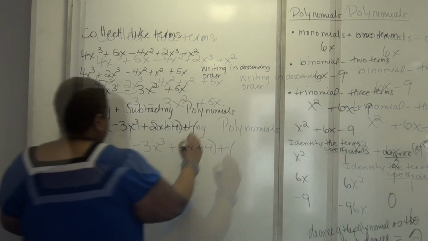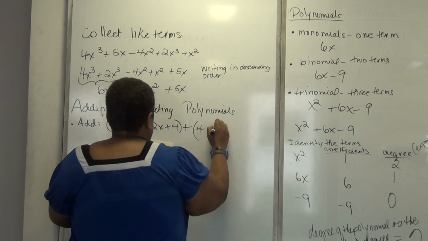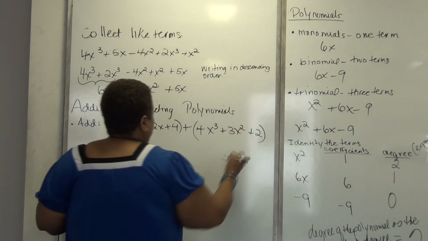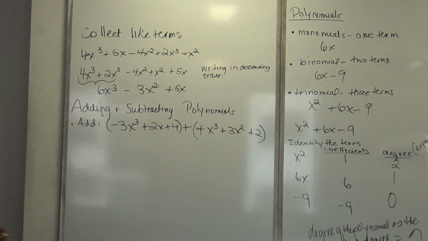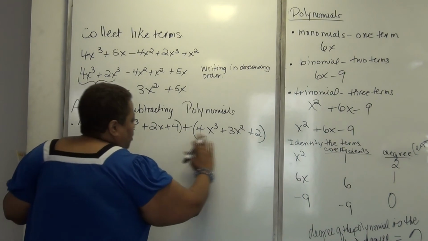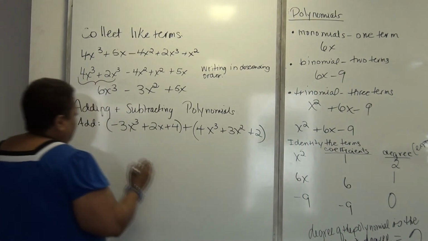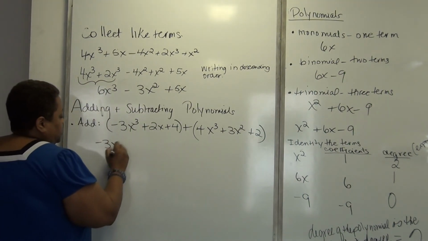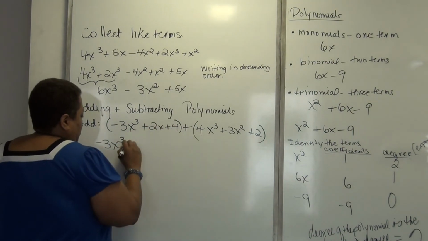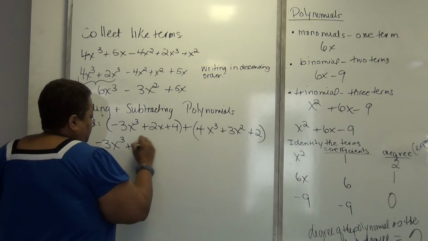If the terms are not alike, they cannot be combined. Now what do you notice? This is a plus sign, so everything over here is going to stay the same. So we have a minus 3x cubed, and we have a cube here. So plus 4x cubed.